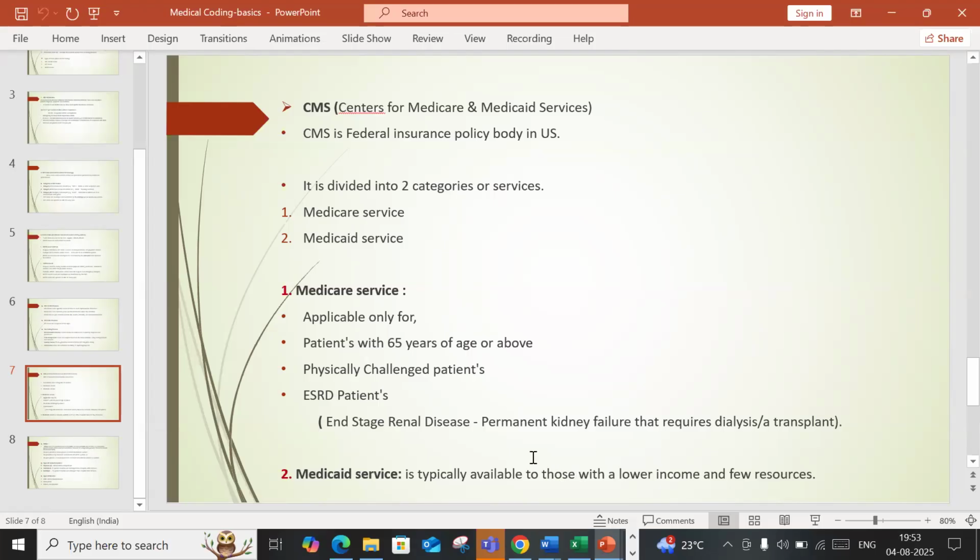What is the main function of the kidneys in the body? Filtration of impurities, and excretion, right? So the main function of the kidneys is filtration.